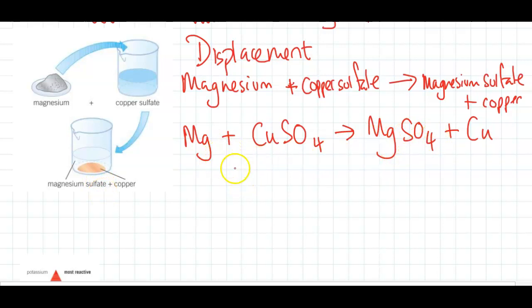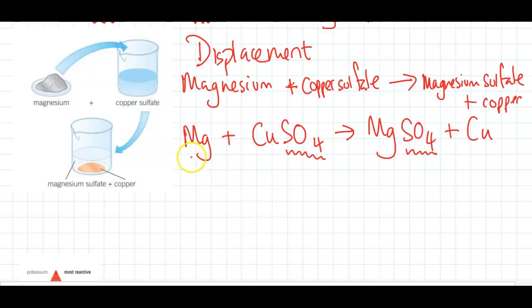Now we can use this equation to show what's happened to the ions. The sulfate has stayed attached to a metal, so it hasn't changed.